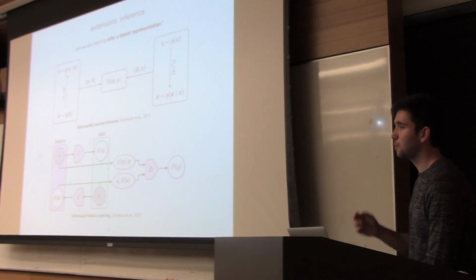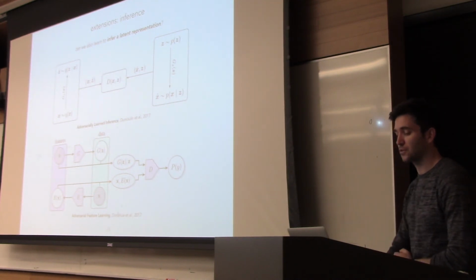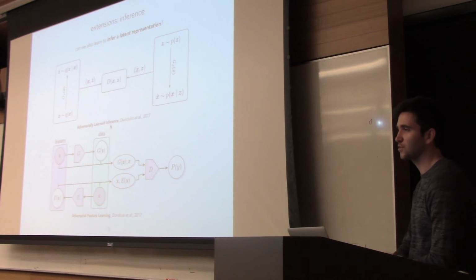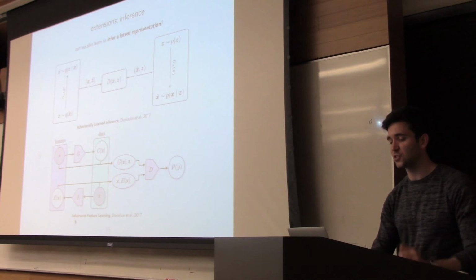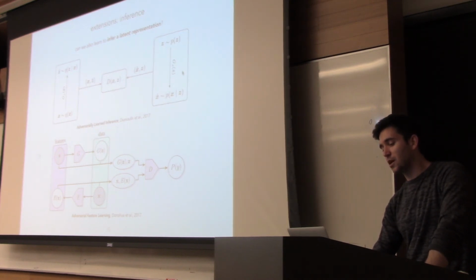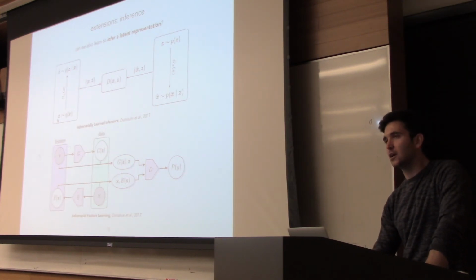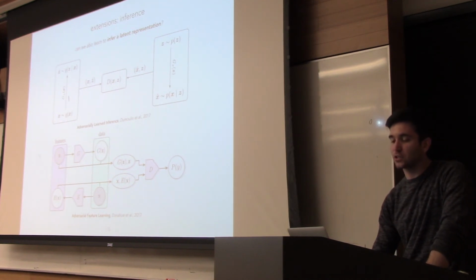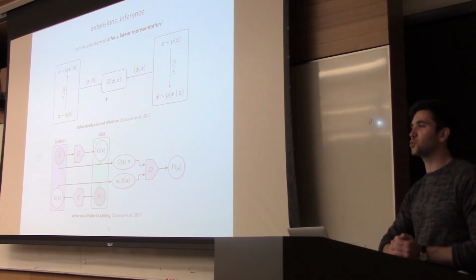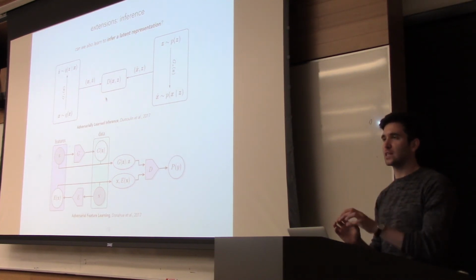And there are actually two papers that came out with methods of doing this. One of them is called adversarially learned inference, or ALI for short. The other one's called adversarial feature learning. The main idea is that in addition to the regular GAN-style model, where you sample from your latent variables and generate some observations, you have a symmetric process where you take your true data examples and map those into the latent space, and then you have your discriminator try to discriminate between pairs of observed and latent variables.